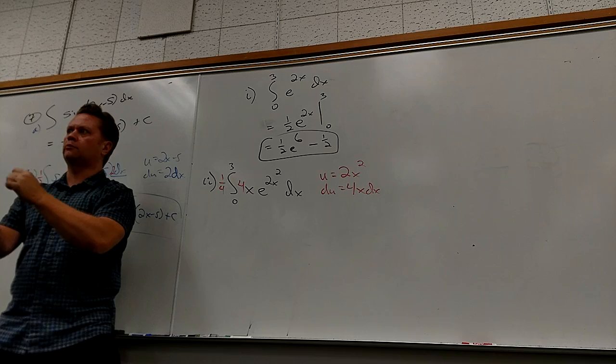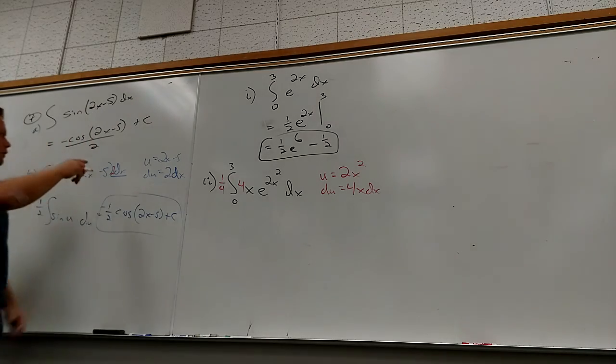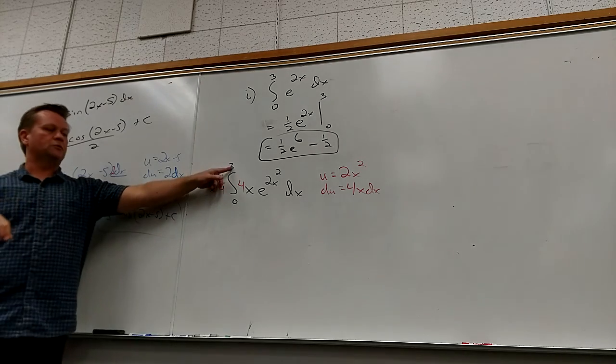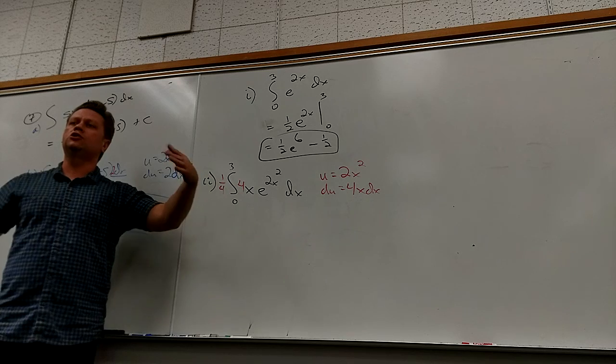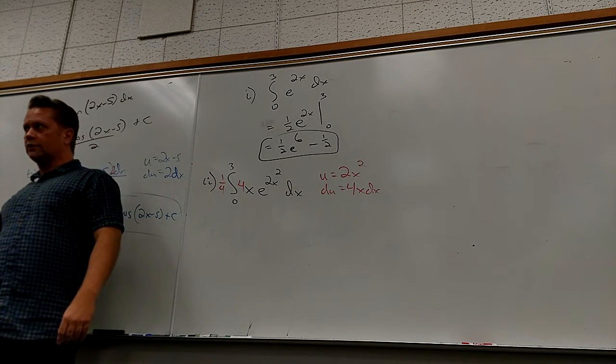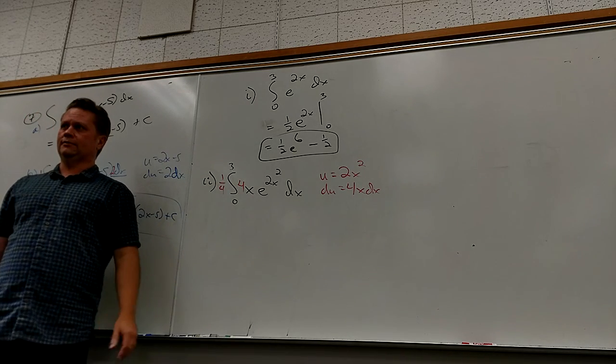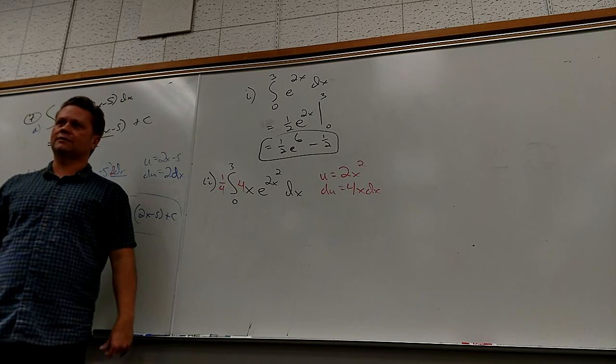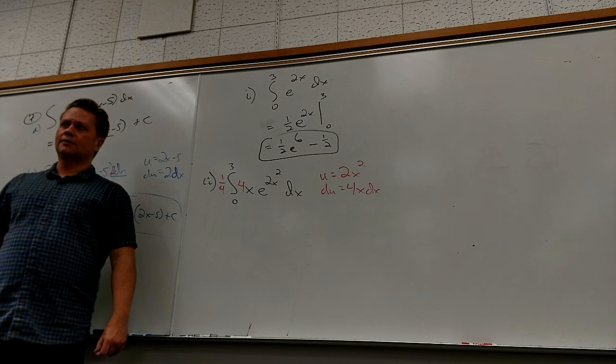That's the whole idea of u sub. So the limits have to pertain to what the variable inside is doing. Is u doing the same exact thing as x is? The only way that would happen is if u equaled x. Does u equal x? No.